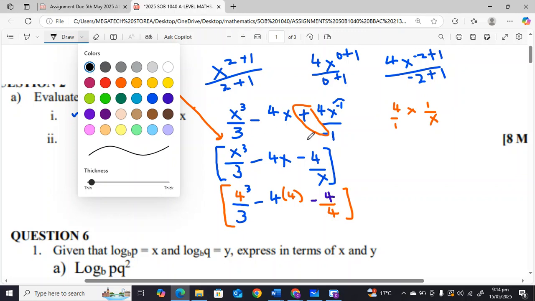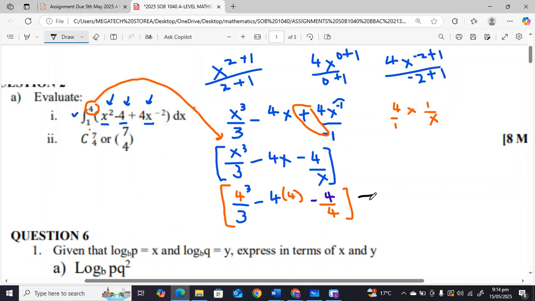Minus. It's always going to be minus, colleagues, okay? Always going to be minus.